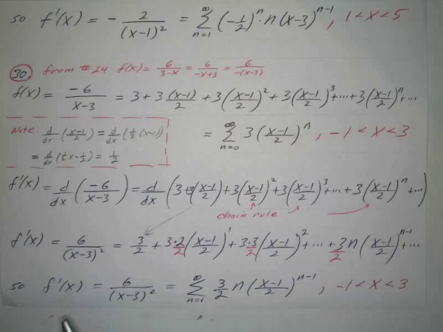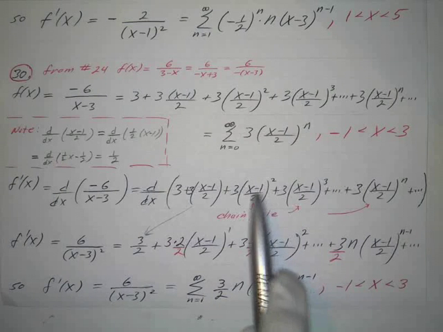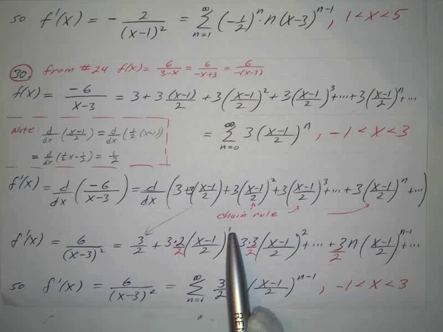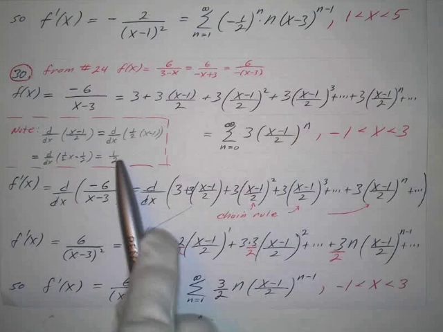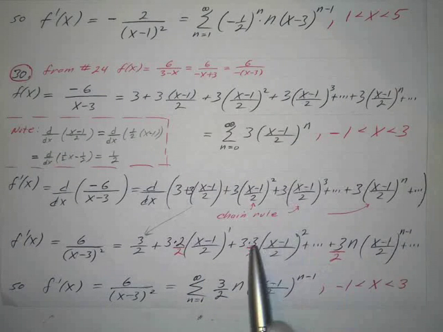Okay, so that's 3 over 2. And then this one, that's going to be 2 times 3 times x minus 1 over 2 to the first power, and then times 1/2 again, because the derivative of this inside thing is 1/2. So those are where those red 2's come from.